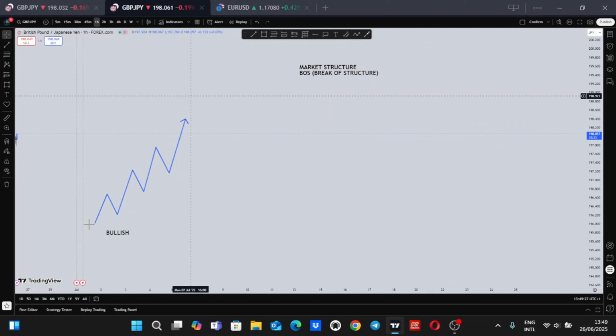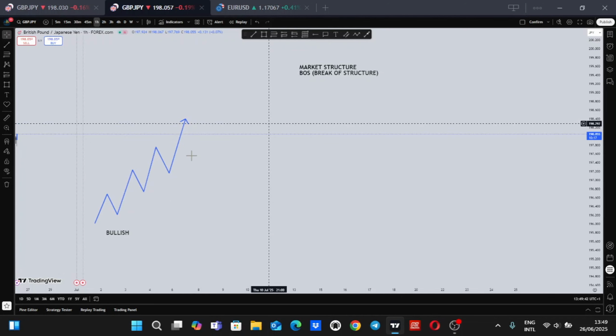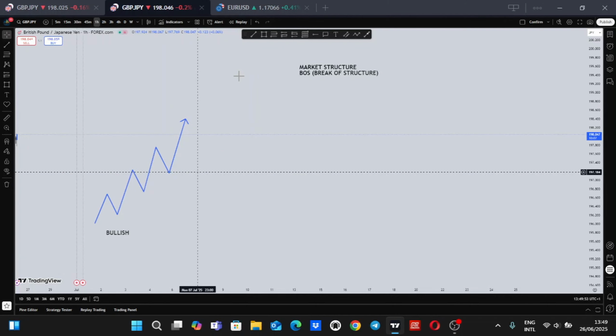After carrying out your analysis on the market structure from the higher time frame to the lower time frame, you notice the market is bullish from the higher time frame. Now you go down to your entry time frame to look for the current break of structure in direction with the higher time frame market structure. Do you understand? First of all, let me explain what a break of structure is.